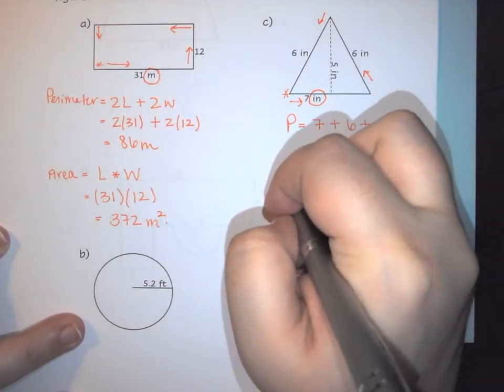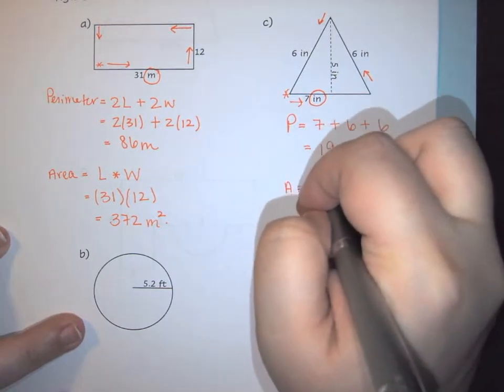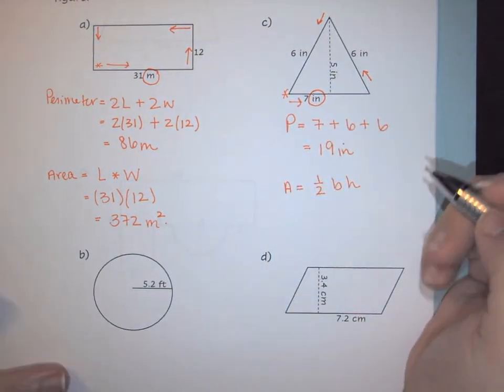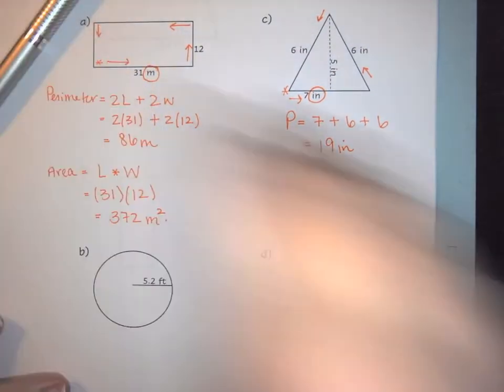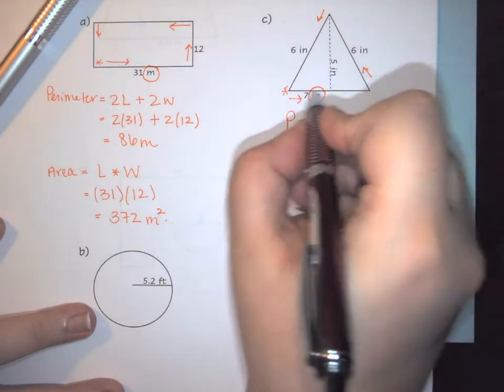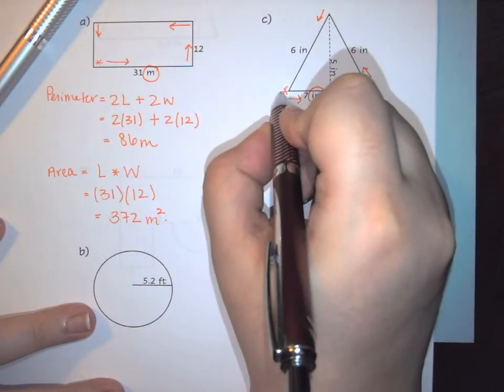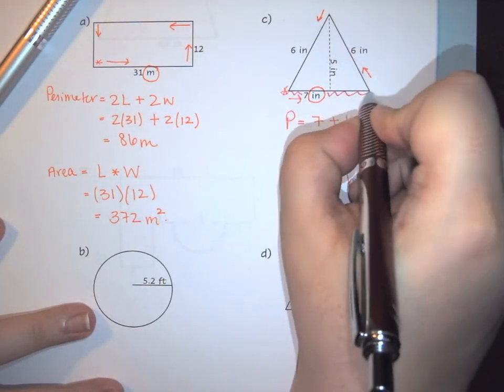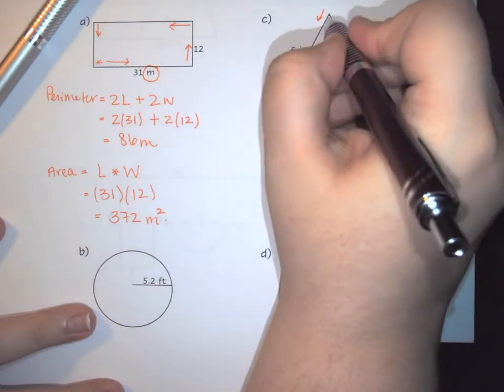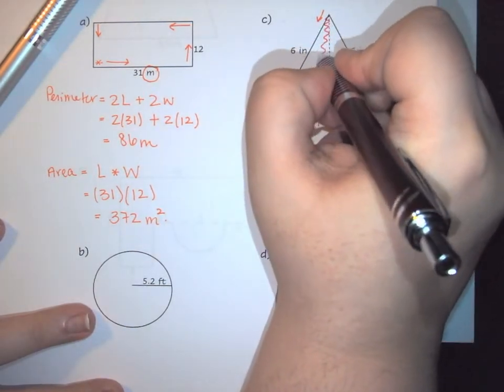Now your area formula is slightly different. It is 1/2 base times height. So the base is going to be the part of the shape that it's resting on. Essentially you can think of it as this area down here that the shape is sitting on. This would be your base, whereas the height is going to be how tall it is.